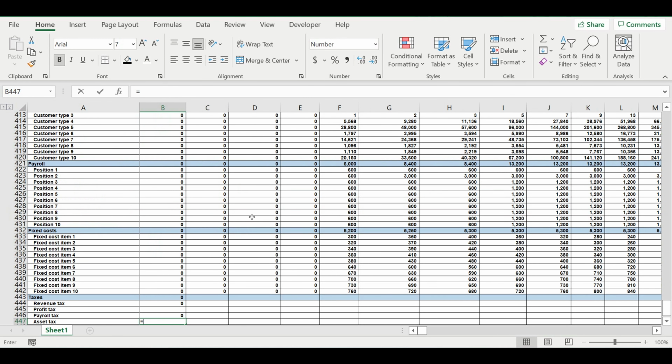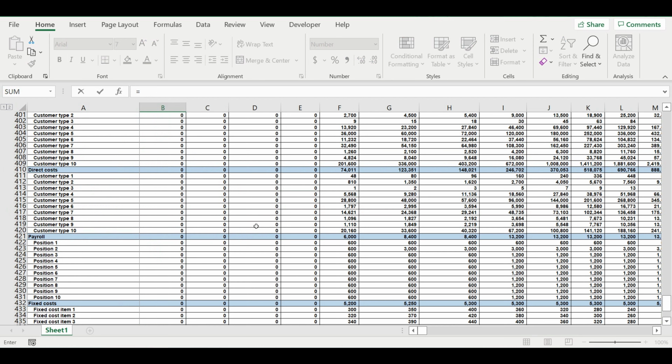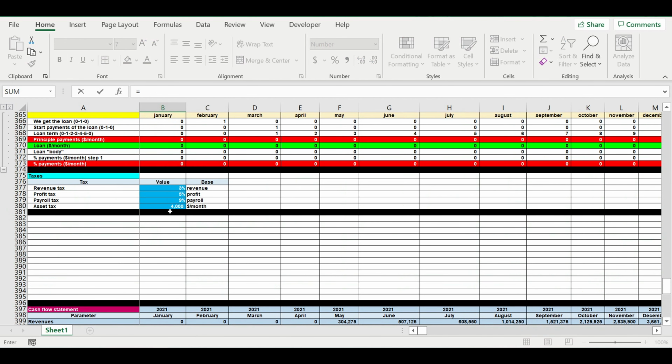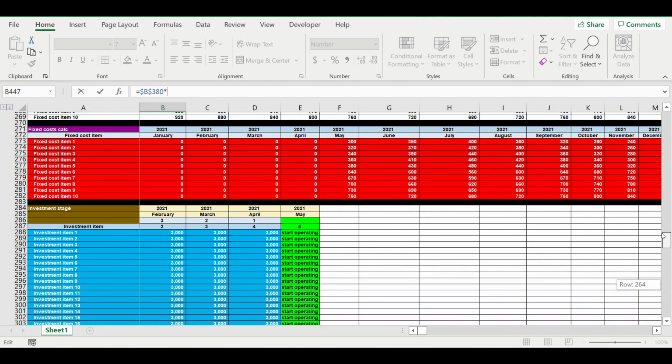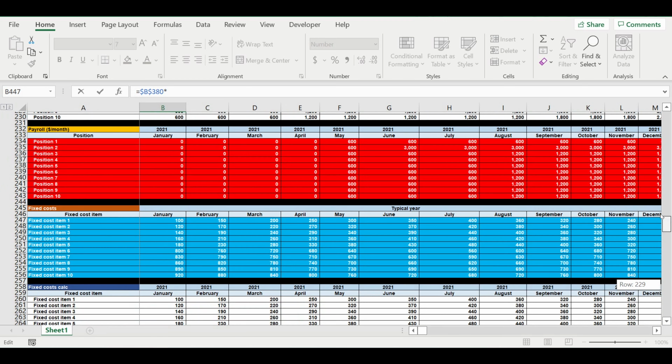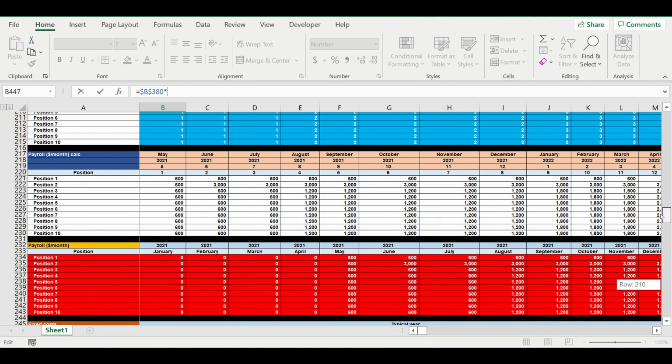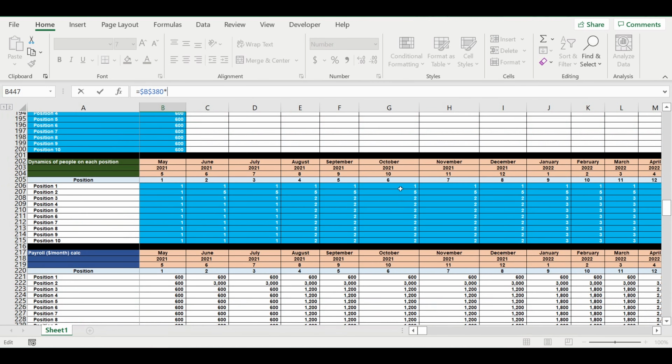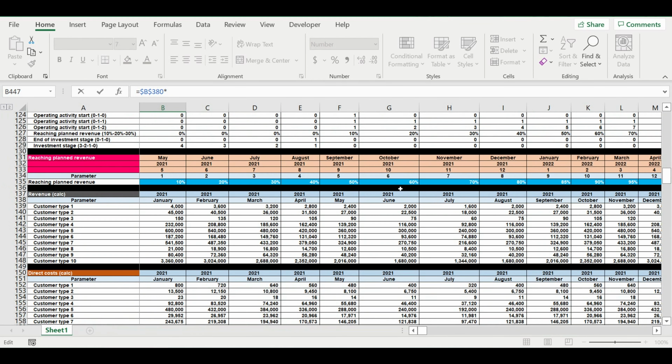Then asset tax, we will take this value and multiply it. We will go to the chronology that we've created, just searching for chronology.